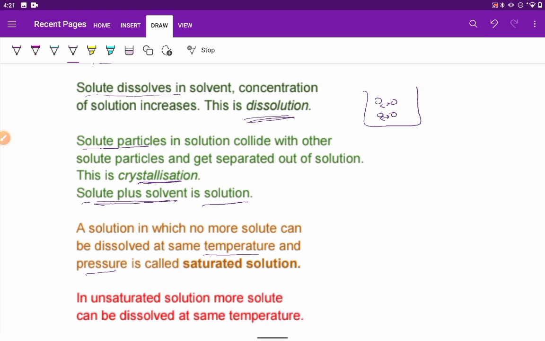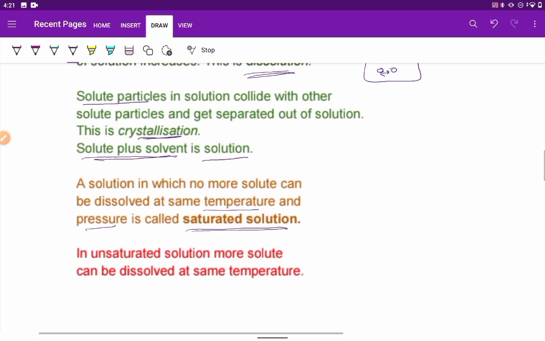Then it is called as a saturated solution. A solution in which no more solute can be dissolved at same temperature and pressure. We have kept a temperature, let's say 30 degrees C, and a particular pressure, and we are not changing that. Then we cannot add more of the solute in that solution. Then it is a saturated solution.